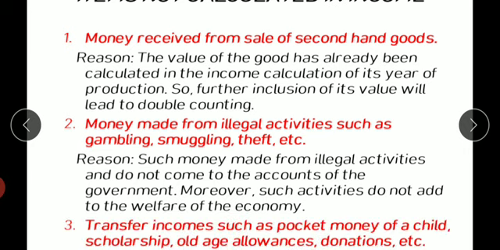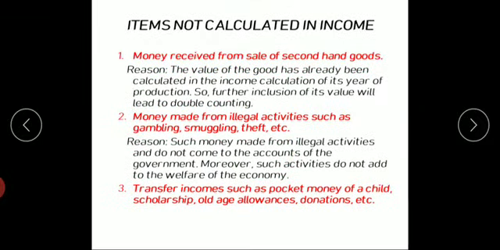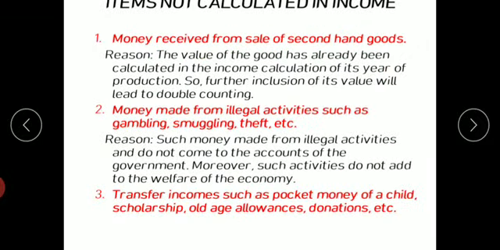And the third one is transfer income, such as pocket money of a child, scholarships, old age allowances, donations, etc. As you all know, these are called transfer incomes. Why? Because these are one way payments, unilateral payments, as there is no two way transaction. The person who is receiving such money is not rendering any productive service to the person who is paying the money.